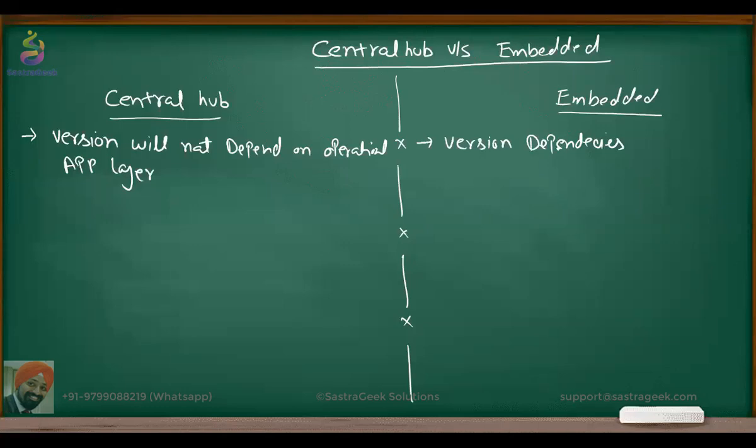There might be cases where the system will not allow your version upgrades because it is on embedded, and it will also ask you to upgrade your core application layer, 1809, 1909, those technical upgrades or version upgrades it will ask you to do before you can upgrade to your UI5 version. So that kind of dependency gets created when you go ahead with any add-on or any embedded component.